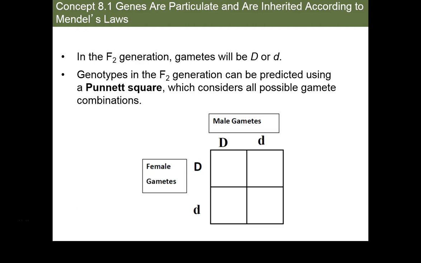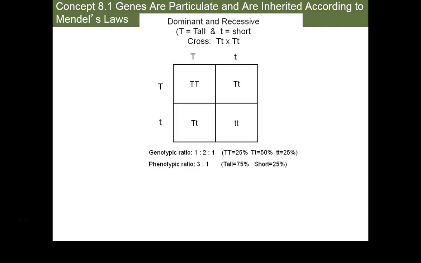The genotypes of their offspring in the F2 generation can be predicted, which considers all possible gamete combinations. When crossing two heterozygous individuals in the F2 generation, the Punnett square predicts a ratio of 3:1. Mendel's experimental values were remarkably close to this for all the traits he compared.